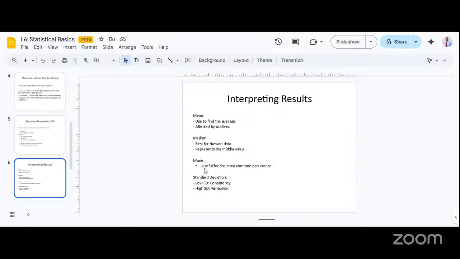Then for mode, use mode when you're trying to see the most occurrence. So you're not just trying to see a calculated central tendency, it's more of a frequency thing. Like, you were asked how many people scored 100 over 100 in the test or the exam?